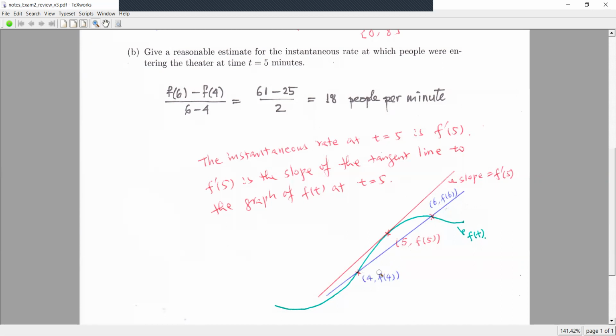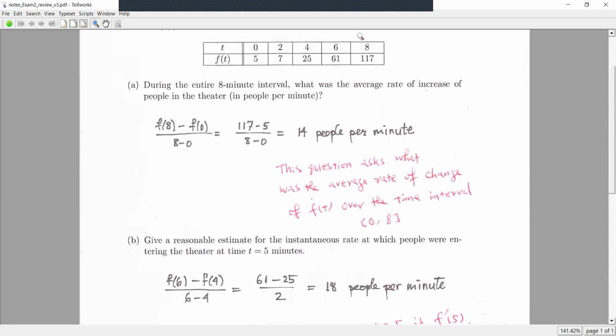The slope of this secant line by the slope formula is y2 minus y1 over x2 minus x1. From the given table, the function value at 6 is 61.